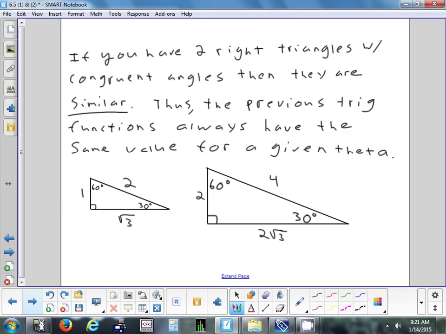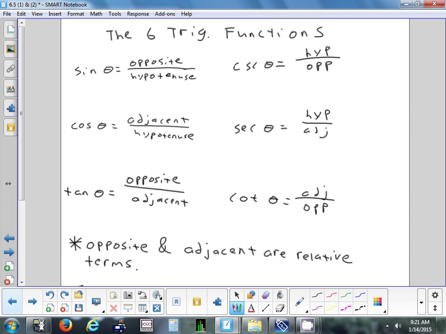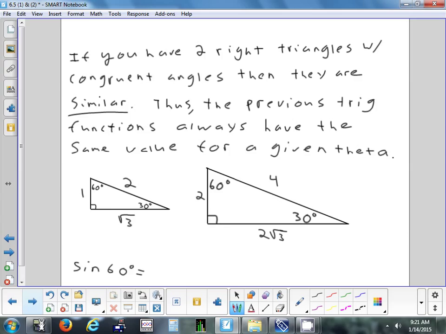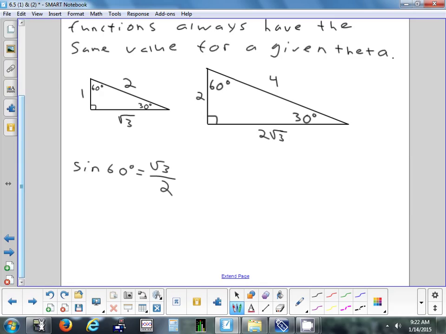All right, so to show you numerically, in this problem, the sine of 60, sine is opposite over hypotenuse. Opposite is square root 3. Hypotenuse is 2. Let's find the sine of 60 in the bigger triangle.